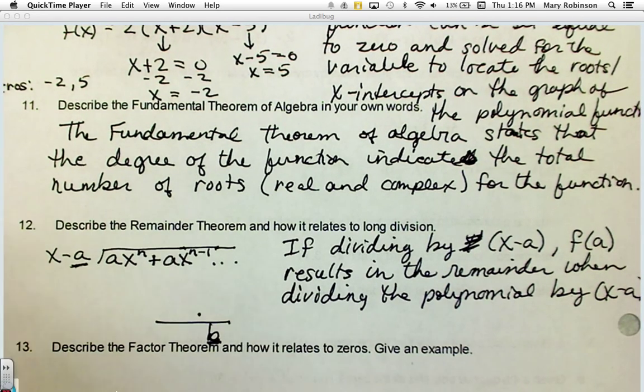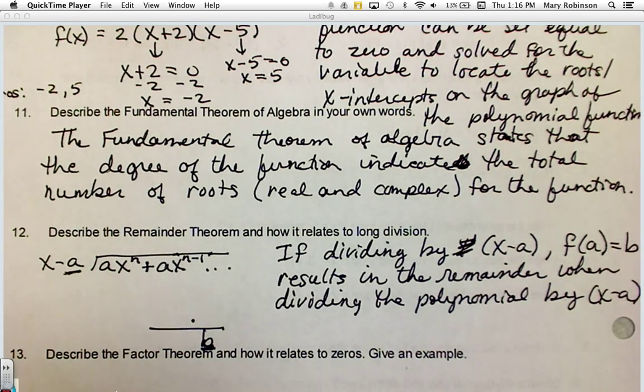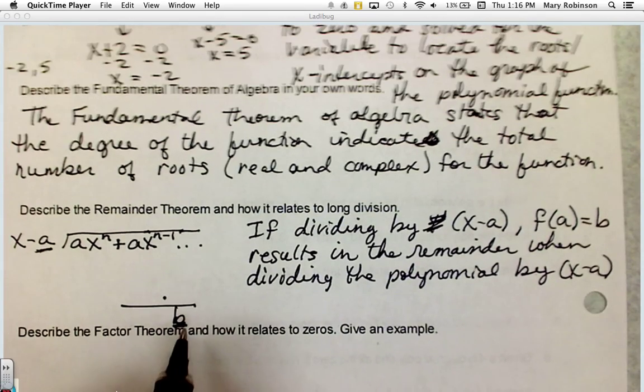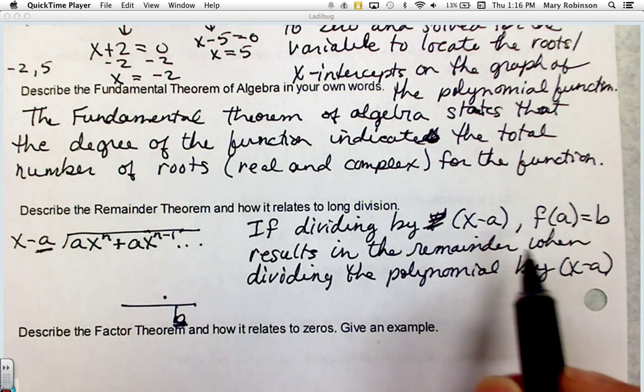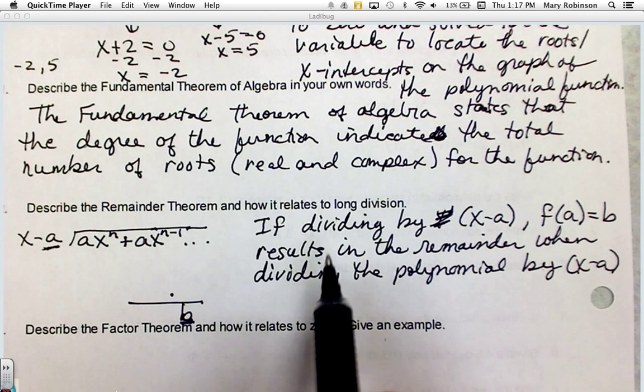Okay? So f of a would equal b, right? So if b was the remainder that we got, then when we evaluate f of a, we get b. And that's pretty much it.